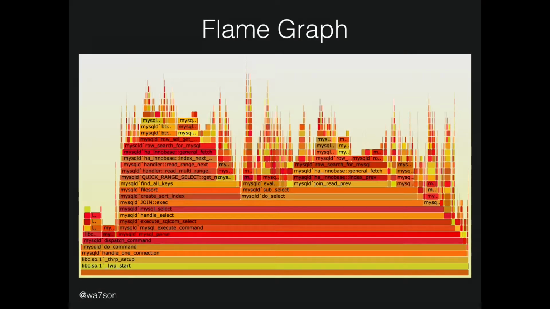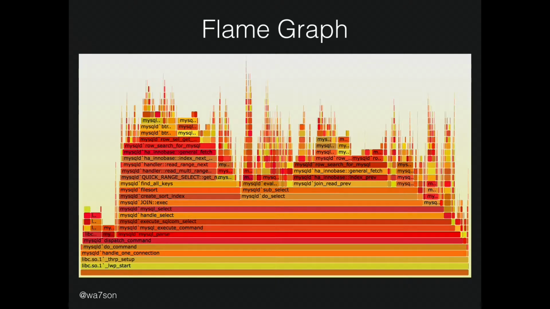But how do we go from having these thousands of stack traces to then figuring out what is the CPU-intensive part of those stack traces? So for that, we want to render something called a flame graph. And a flame graph, besides looking really funky, is basically all the stack traces combined into one graph.